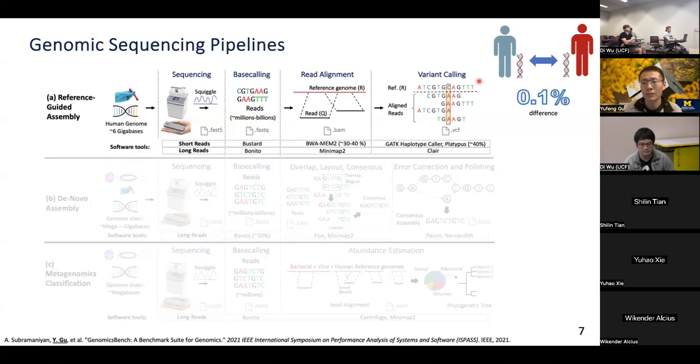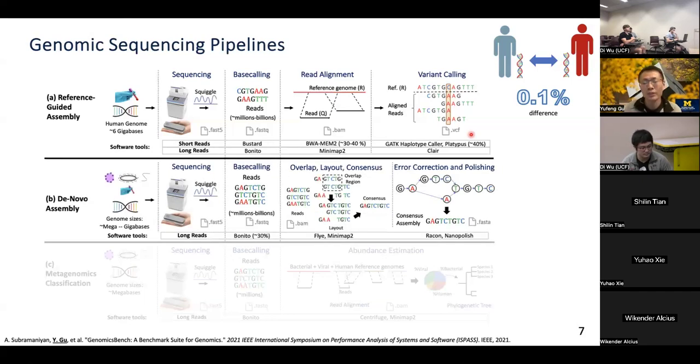If there is some difference, then we name it a variant. So in the end, we will acquire a variant calling file. And this file records the difference between each individual's genes and the human genome template or reference. And that is actually each individual's genes that we want to know.